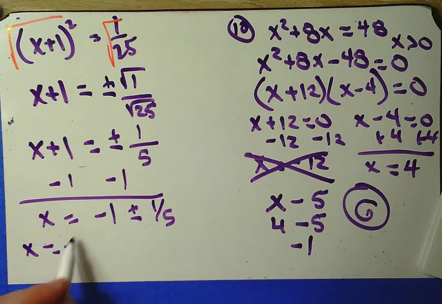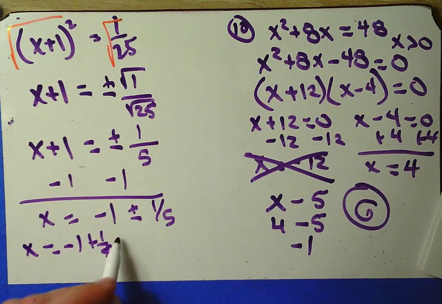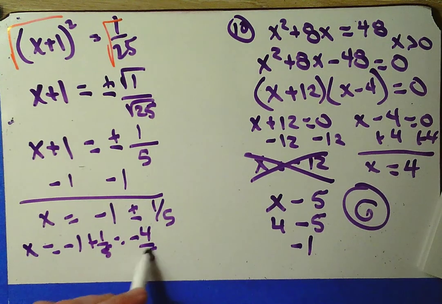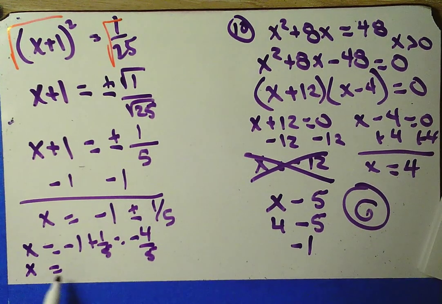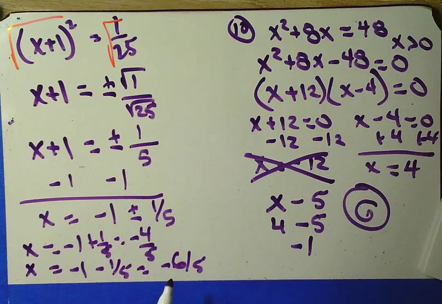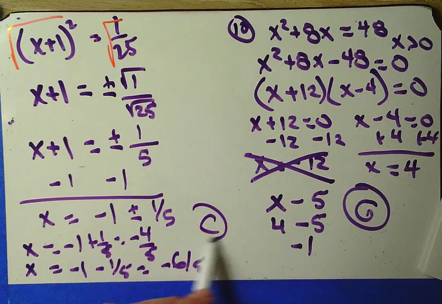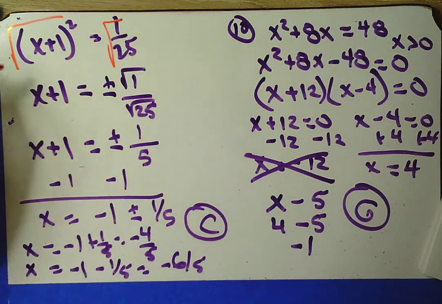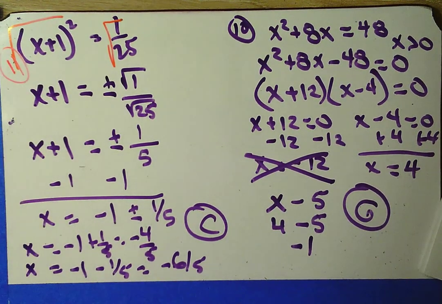That means x can be negative 1 plus 1/5, which is negative 4/5, or x can equal negative 1 minus 1/5, or negative 6/5. So what does that correspond to for our choices? It looks like C for us. That's problem number 11. Number 11 has the answer C.